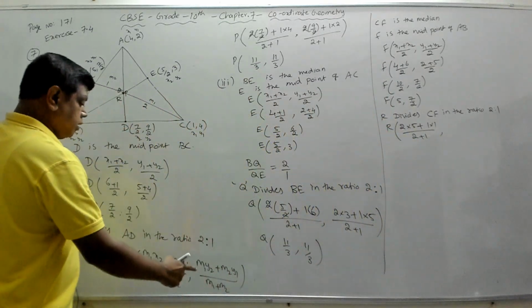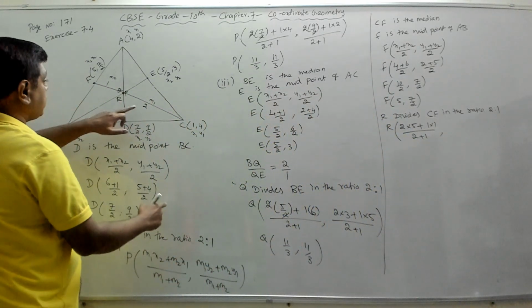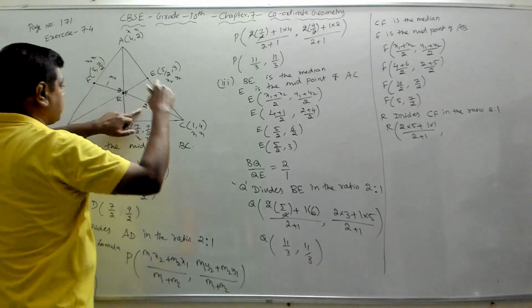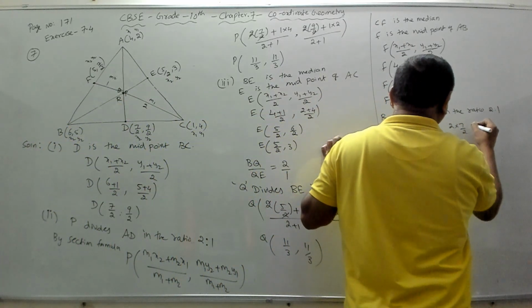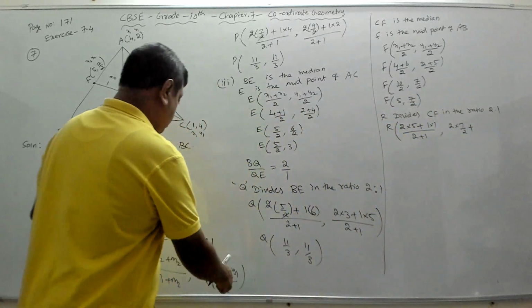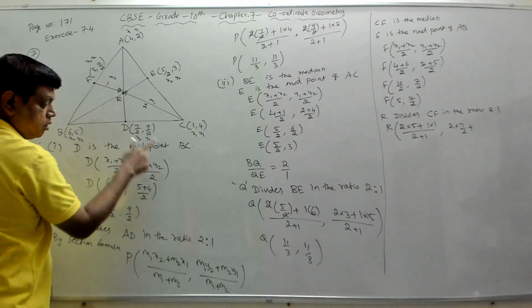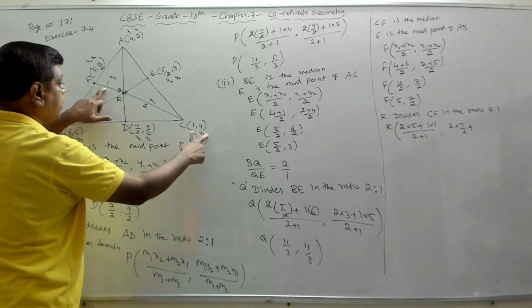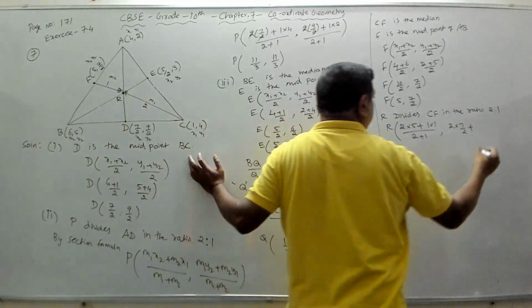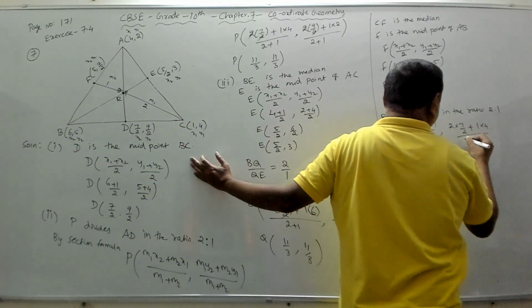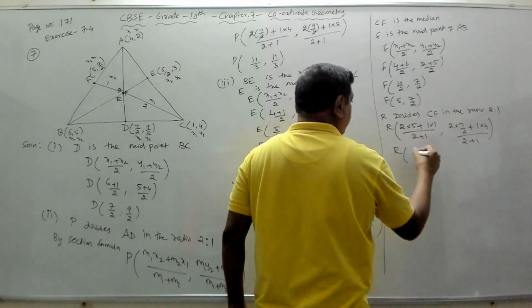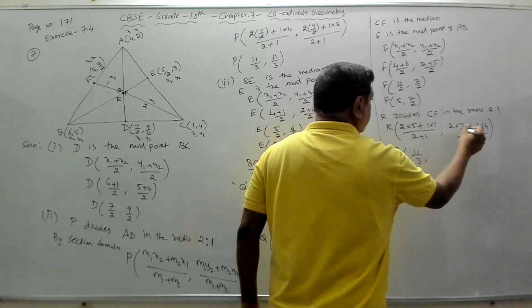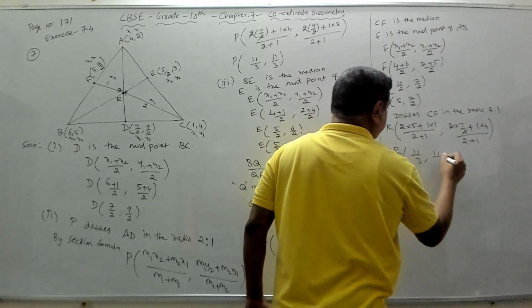Comma, M1 y2, M1 is 2, y2 is 7 by 2, so 2 into 7 by 2, plus M2 y1, M2 is 1, y1 is 4, so 1 into 4, by M1 plus M2. So we get R as 10 plus 1, 11 by 3, comma, the 2 will go, 7 plus 4, 11 by 3.